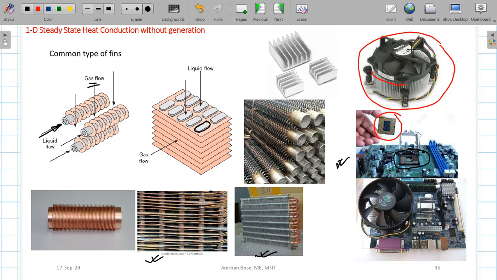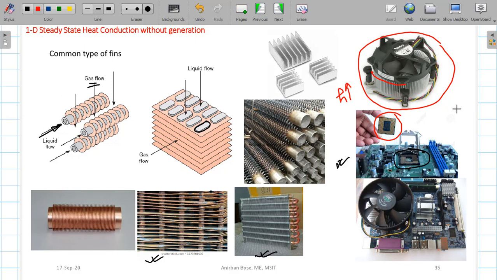And not only that, to increase the heat transfer coefficient h, there is a fan, and that fan helps to increase the value of h by forced convection. So the whole heat sink along with the fan is situated just above the CPU to dissipate heat properly from the CPU.